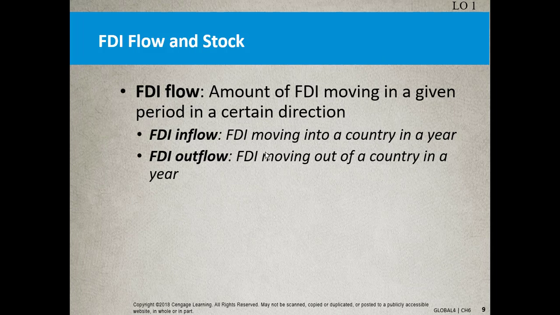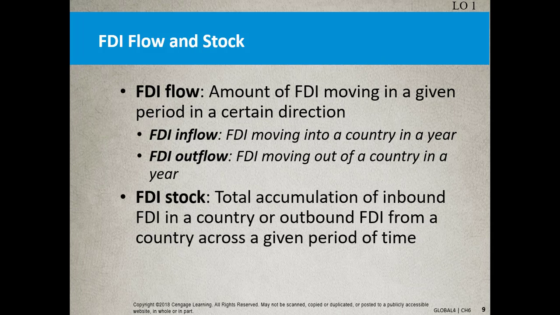So it's a picture. We're just taking a picture every year of how much is coming in overall and per country, or how much is going out to what countries, right? Now, another way of looking at this is stock, FDI stock. Now I'm looking at the total accumulation of inbound FDI in a country or outbound FDI from a country across a given period of time.